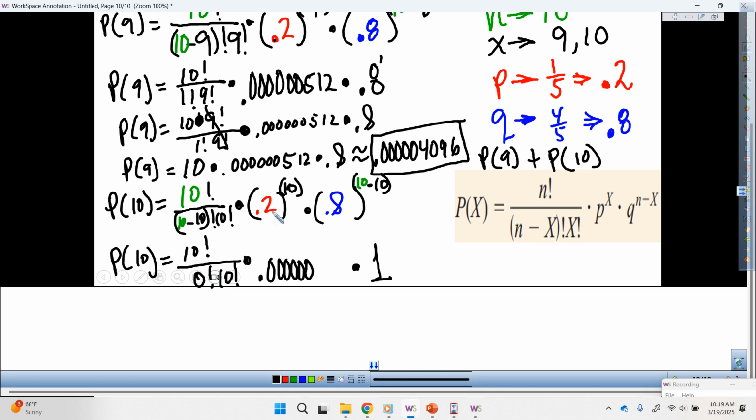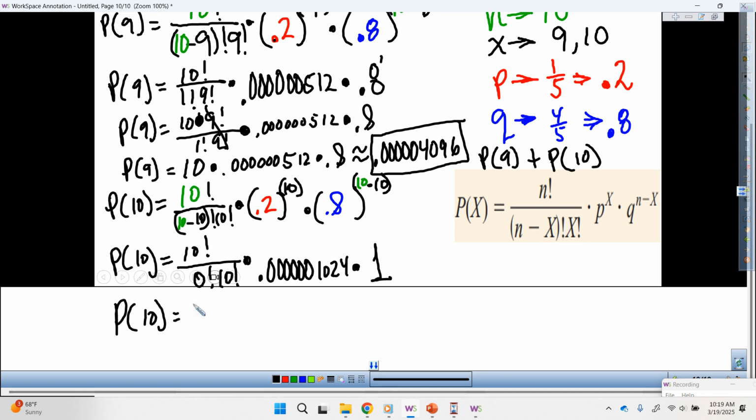All right, let's see. What is 0.2 to the 10th power? 0.0000 or 6 zeros to the what? 1024. And then 0.8 to the 0 power, because 10 minus 10 is 0, is 1.